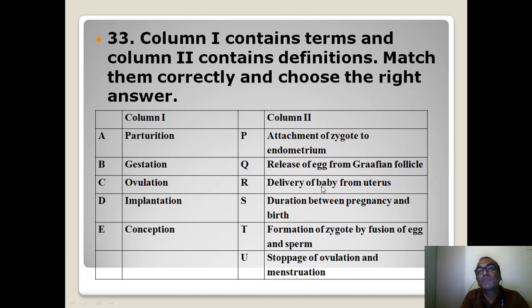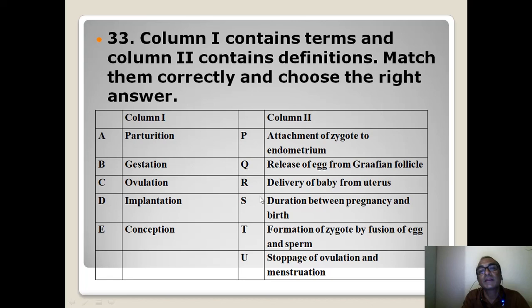Then delivery of baby from uterus. That is parturition. So A should be connected to R. And duration between pregnancy and birth is taken as the gestation period.